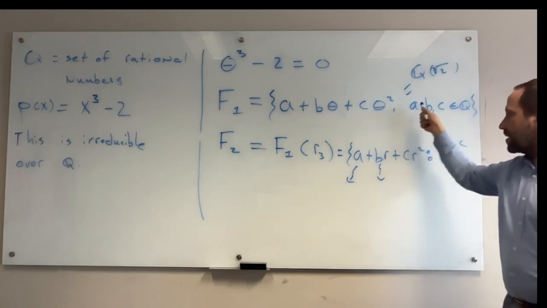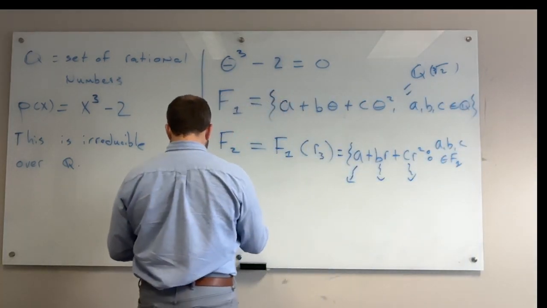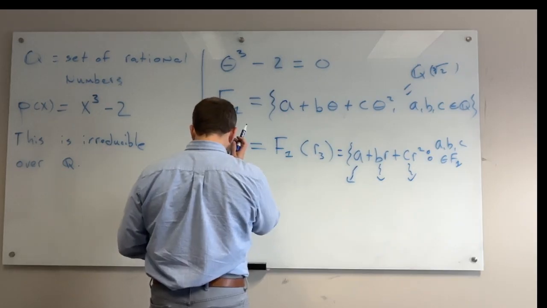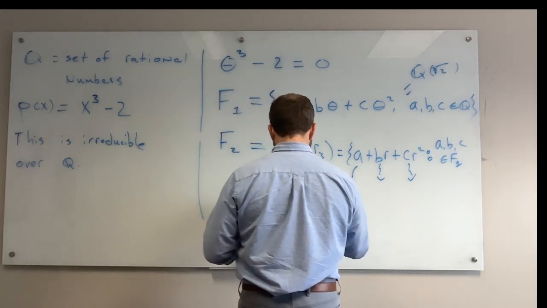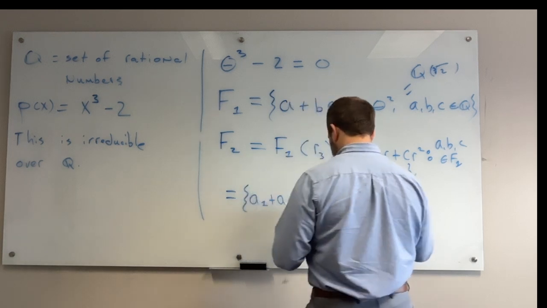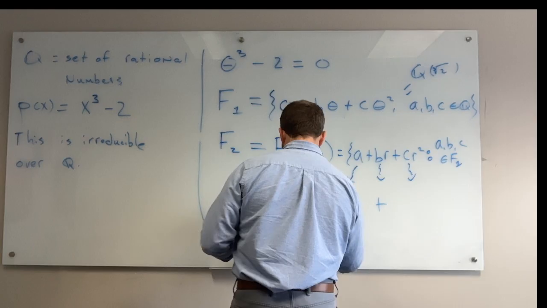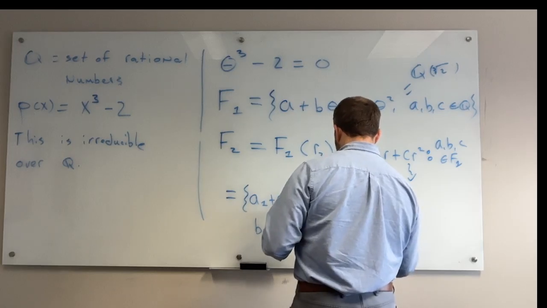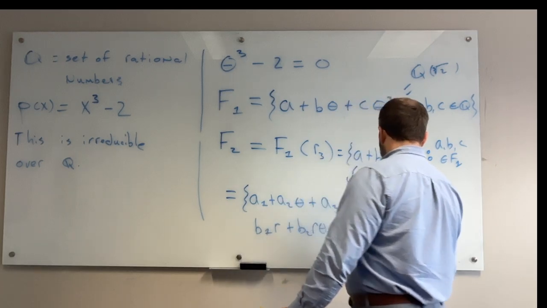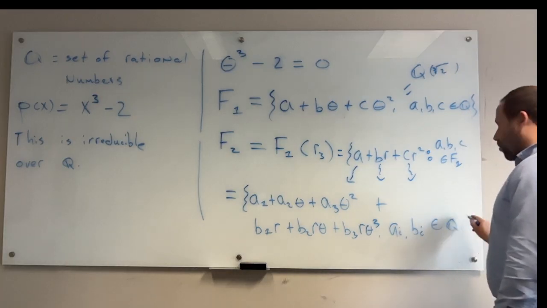And then when we do this, we're going to get the following: a1 plus a2 theta plus a3 theta squared plus b1 r plus b2 r theta plus b3 r theta squared, where all of the a's and all of the b's are rational numbers.